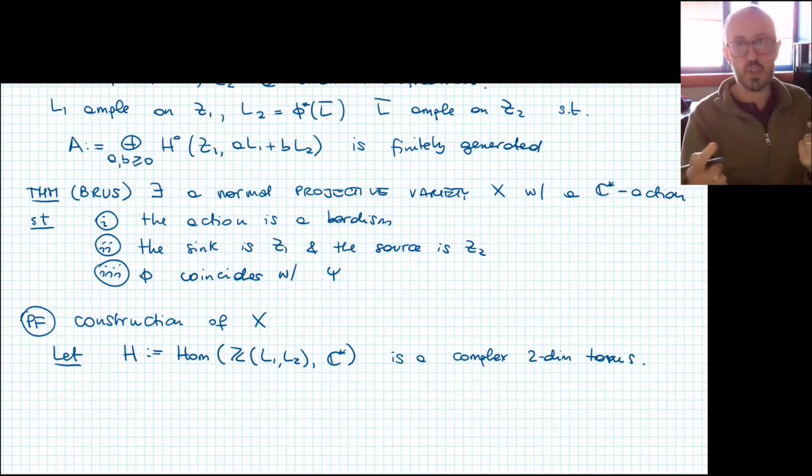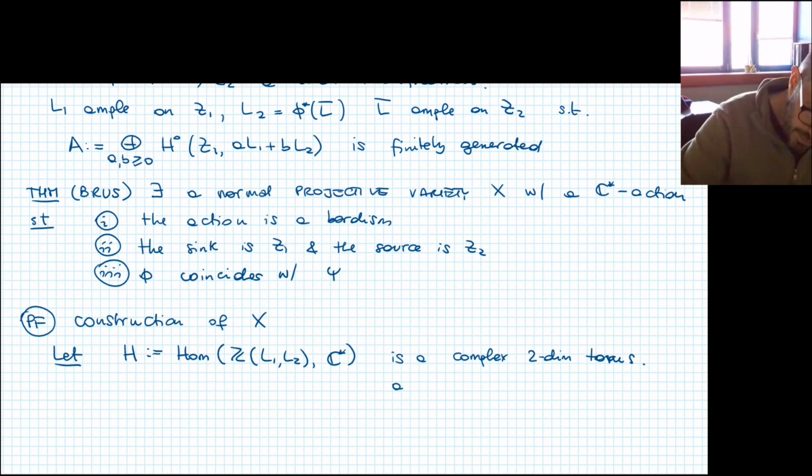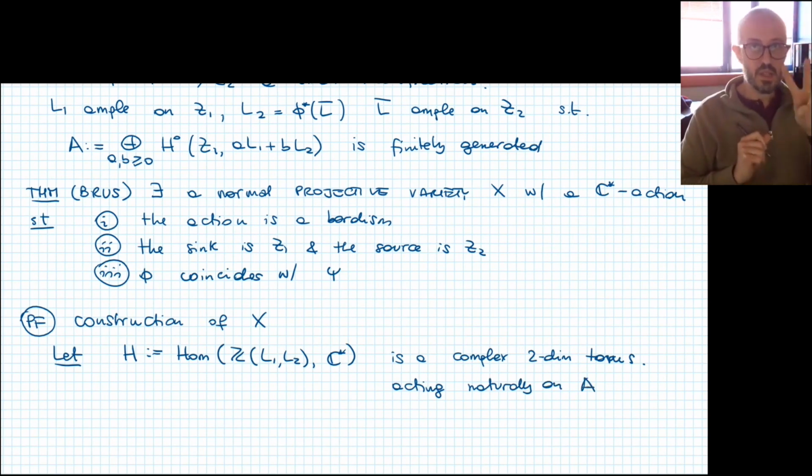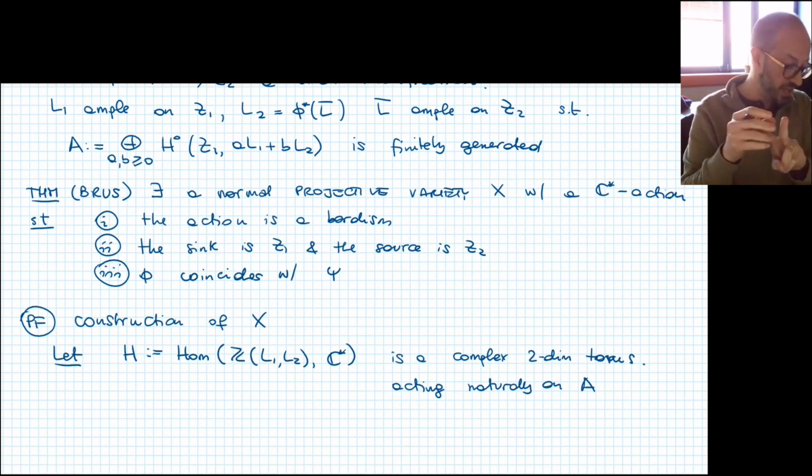And this torus acts naturally on the algebra A.